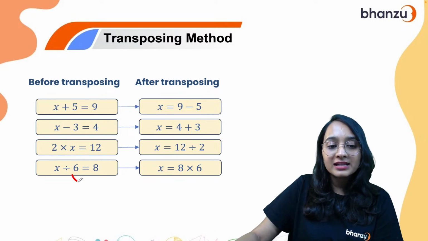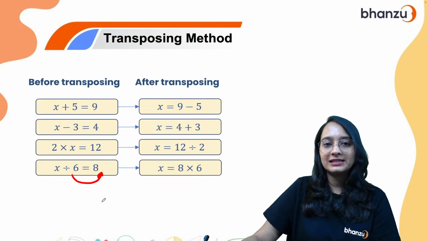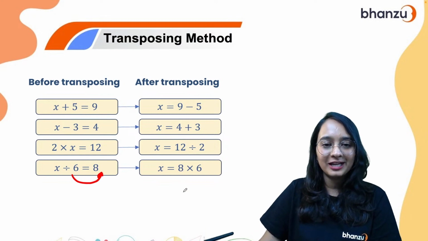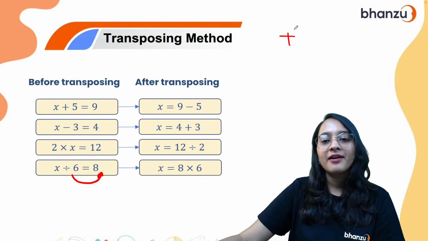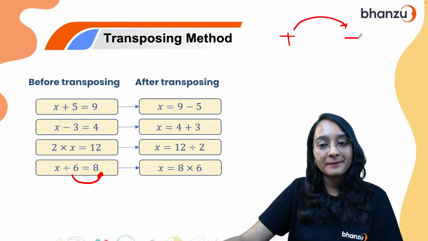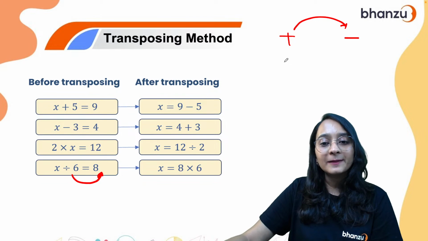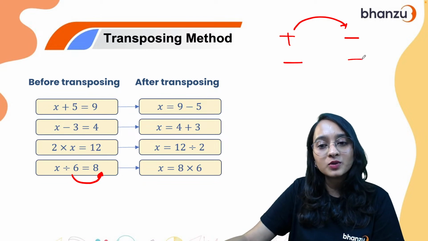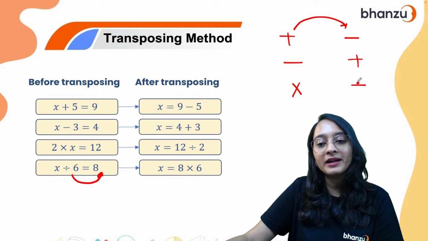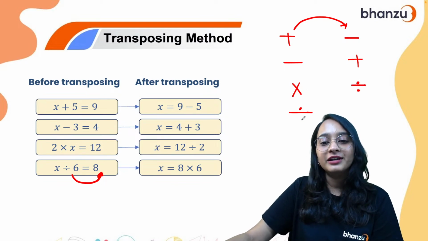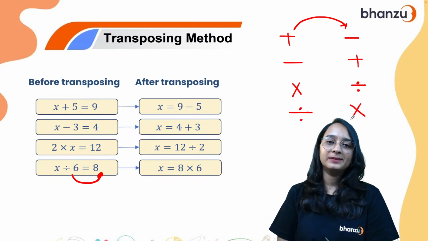So when I transpose division to the other side, it will become multiplication. Please remember, your addition, when you transpose, will become subtraction. Your subtraction, when you transpose, will become addition. Your multiplication will become division and your division will become multiplication.